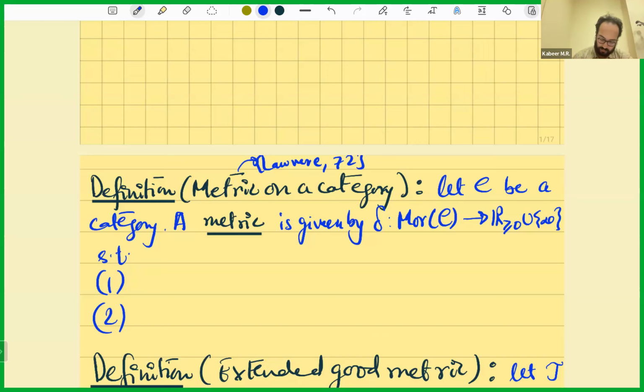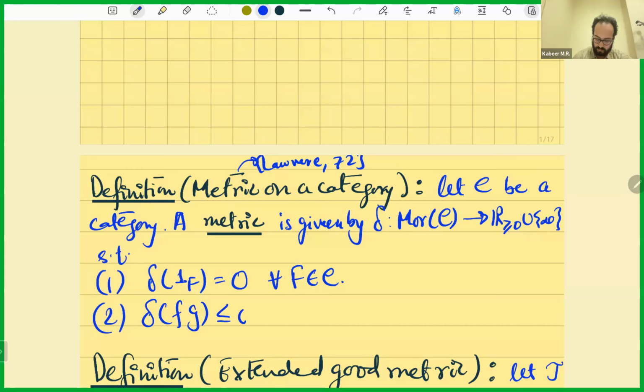So firstly, we have that delta on the identity is 0 for all objects. And secondly, we have the triangle inequality, which is pretty much as you would expect. It's this for all composable morphisms.